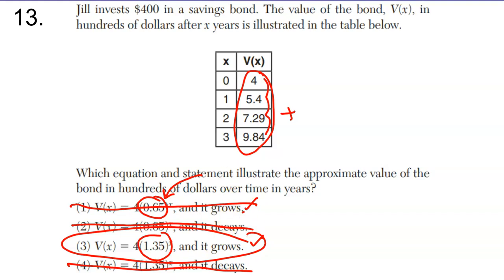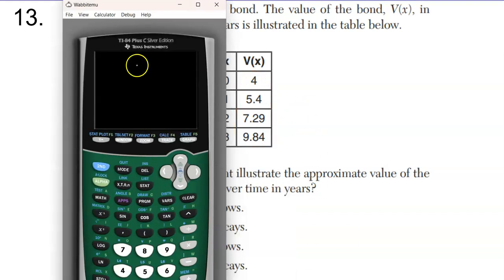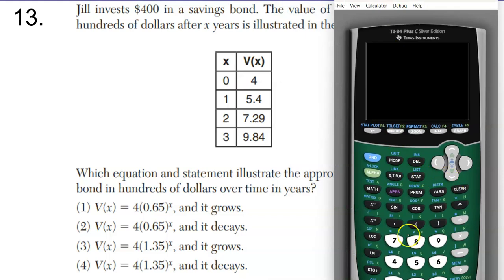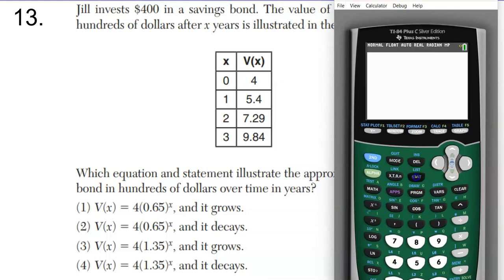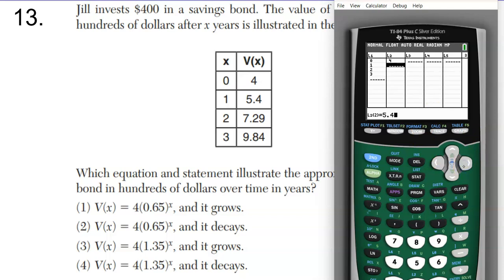But if you weren't sure, you simply turn on your graphing calculator. You enter this information into the stat edit feature here. You have 0, 1, 2, 3. And in the second list, you have 4, 5.4, 7.29, and 9.84.